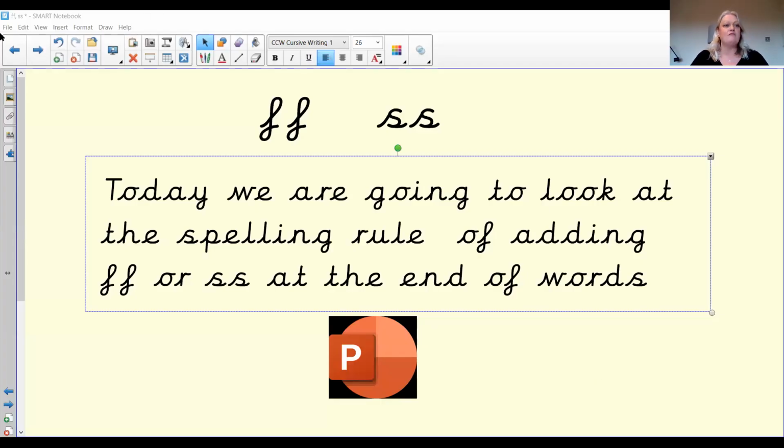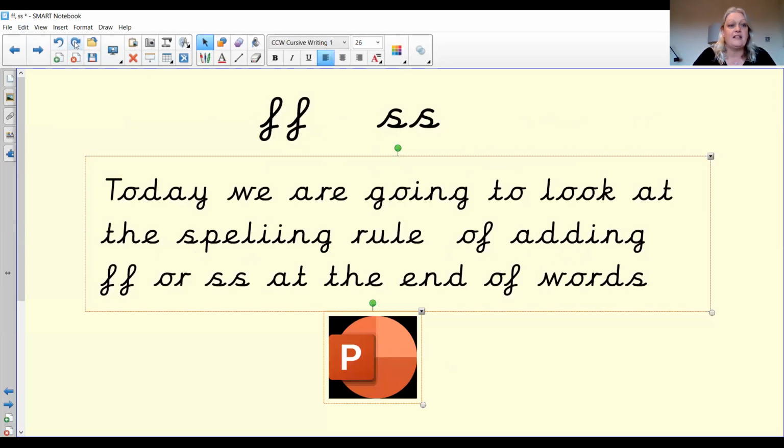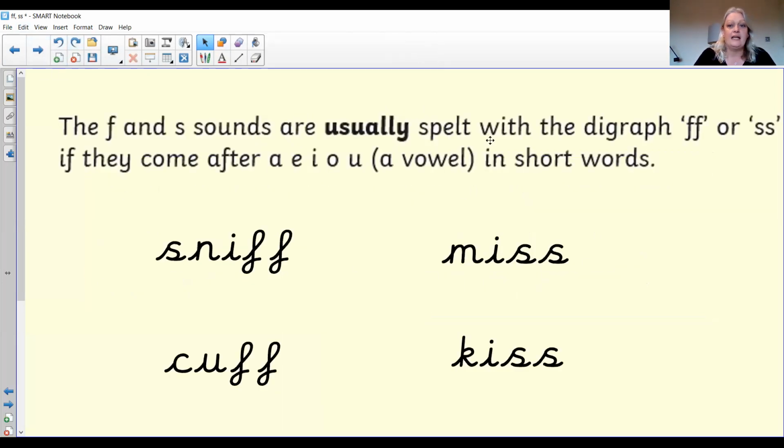So that was our spelling rule today. So we looked at the spelling rule and we decided, didn't we, together, that the f and s sounds are usually spelt with the digraph if it comes after a vowel.